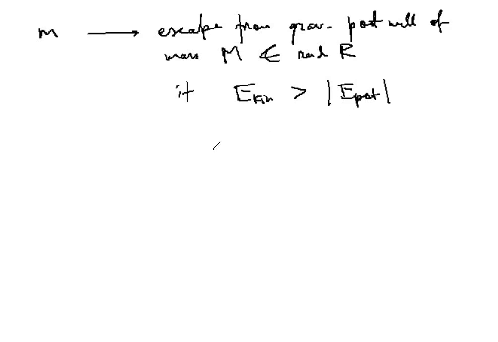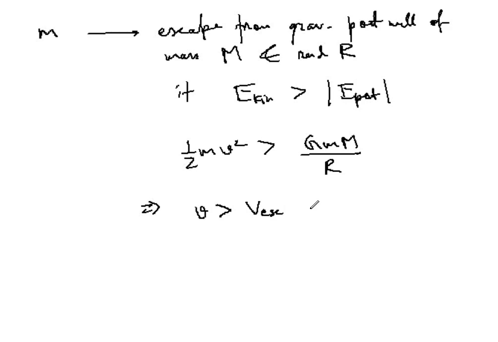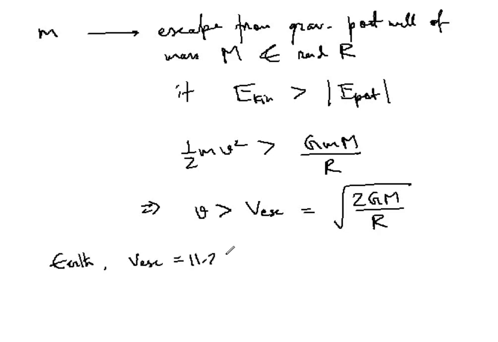Now we know this from basic physics. This means that half m v squared is greater than G M m by R, and so the velocity must be greater than some escape velocity, which is given by the square root of 2GM by R. Right? Now what's this value for our Earth? For Earth, this escape velocity is 11.2 kilometers per second.